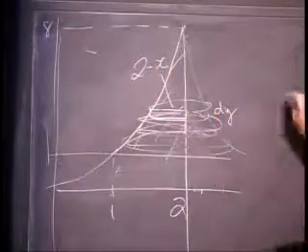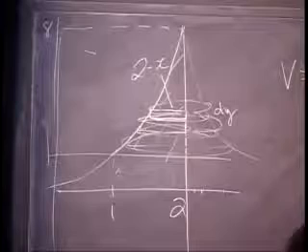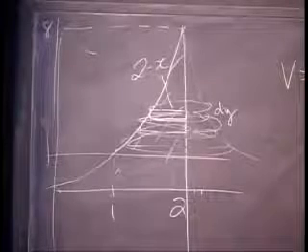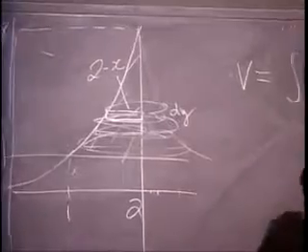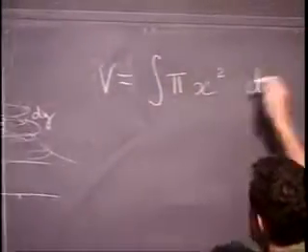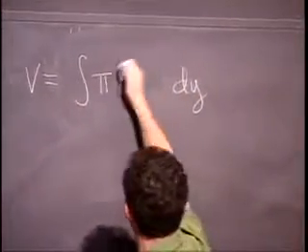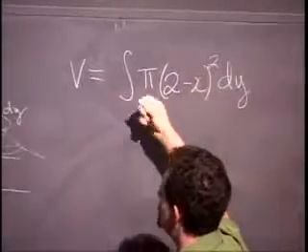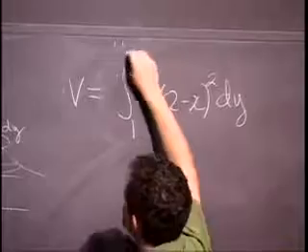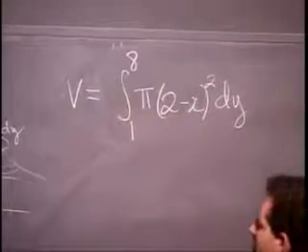So for that volume, variation 1 says switch x and y, so it's pi x squared dy, but instead of x, the radius is 2 minus x. So it should be pi times 2 minus x squared dy, going from 1 to 8 on the y-axis.